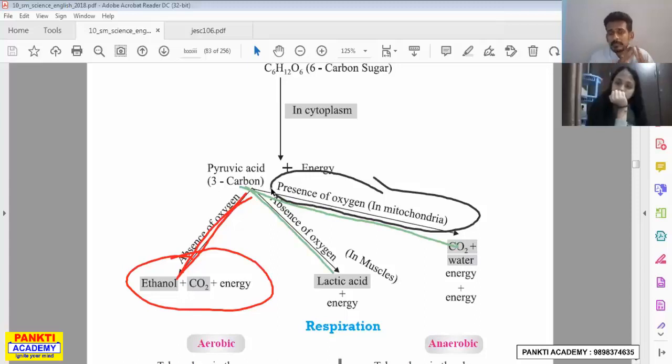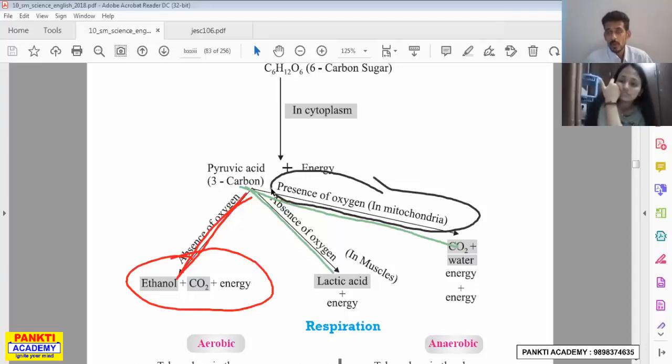In mitochondria, using the oxygen, pyruvic acid converts into CO2, meaning CO2 gas is released, plus water and plus energy. Again energy is released.